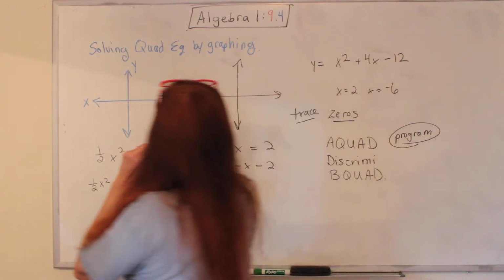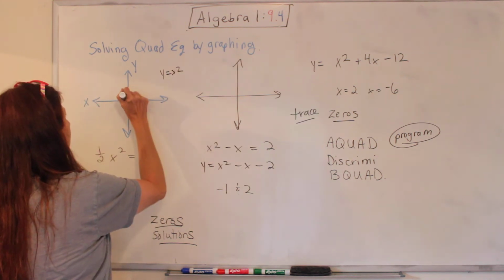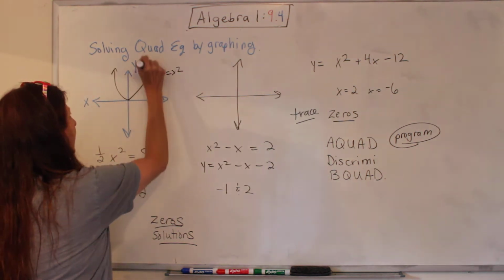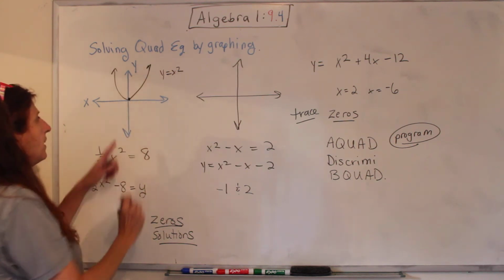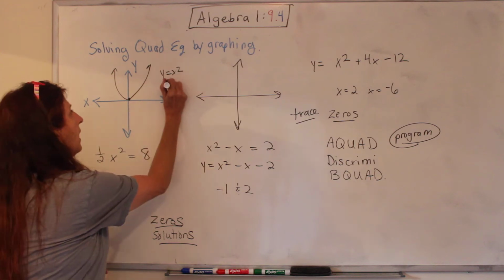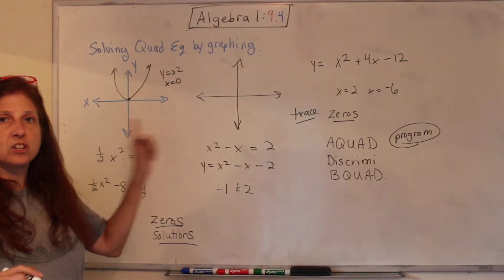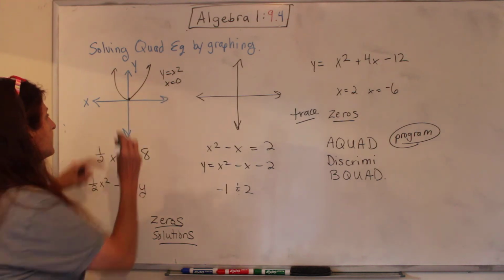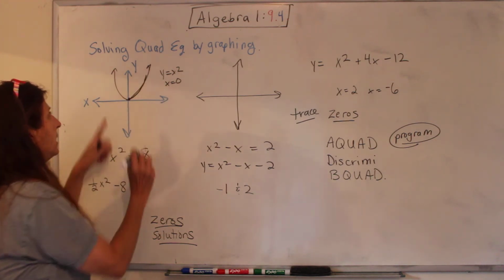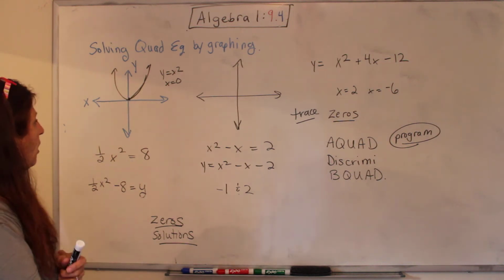So we have done y equals x squared, and it looked like that, and it touched right there at 0, 0. So 0, 0, or x equals 0, is considered the solution to that equation because that's where that shape touches that x-axis.